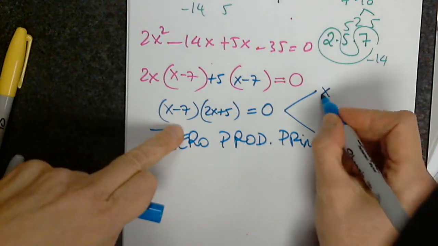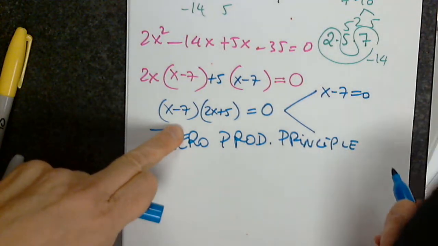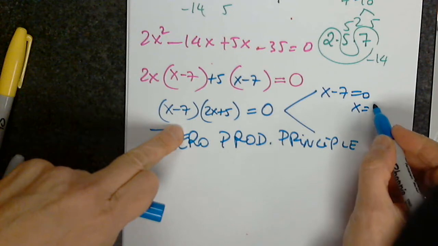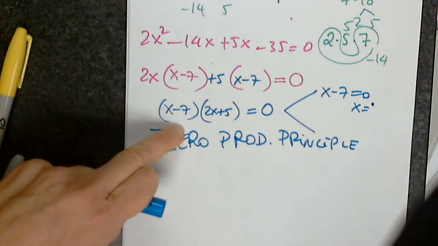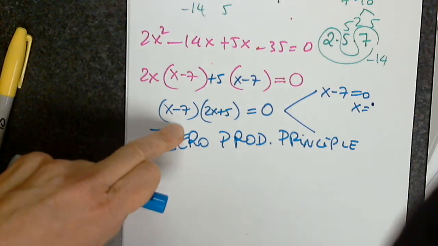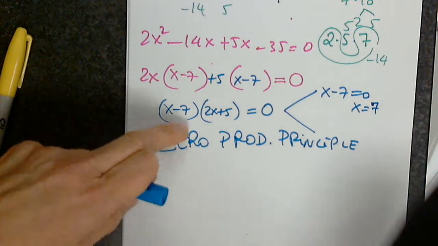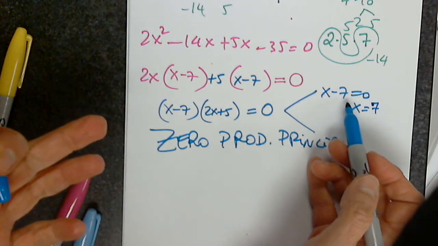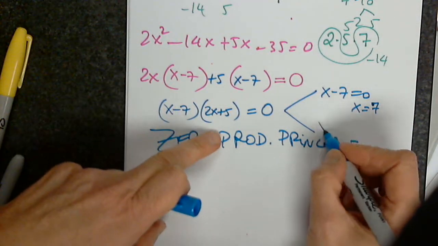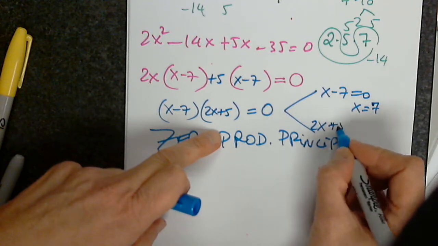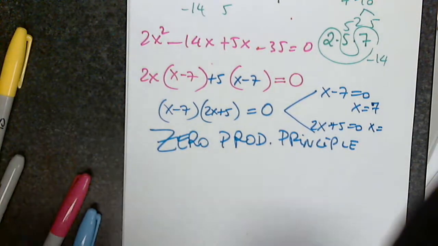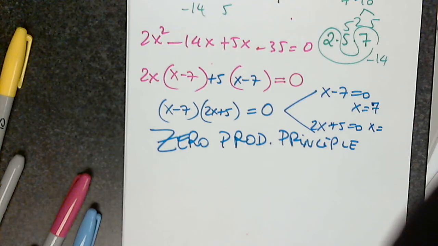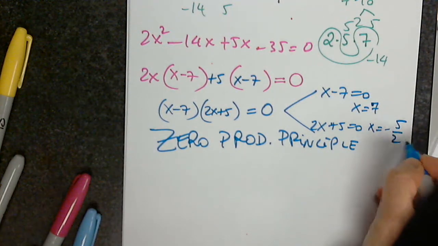So if the first factor is 0, I get x equals. I have to move negative 7 from one side to the other. Because negative 7 minus 7 is not going to be 0. 7 minus 7 will be 0, correct? And the other one, 2x plus 5 equals 0. So x, I move 5 to the other side. It becomes negative and divide by 2. Negative 5 halves, correct.